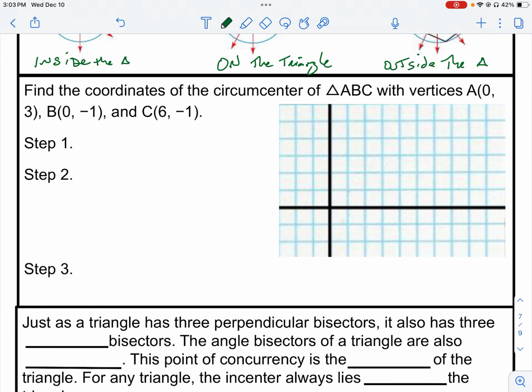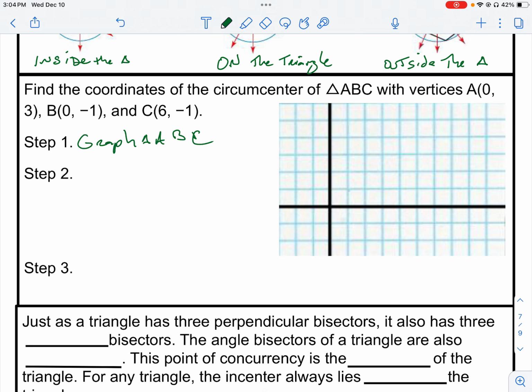So let's actually find our circumcenter. So we're going to find the coordinates of the circumcenter of triangle ABC with those vertices. So step one, we're going to graph triangle ABC. Okay, easy enough. A is 0, 3. Puts it right there. B is 0, minus 1.